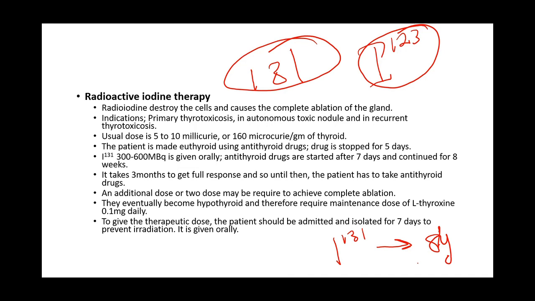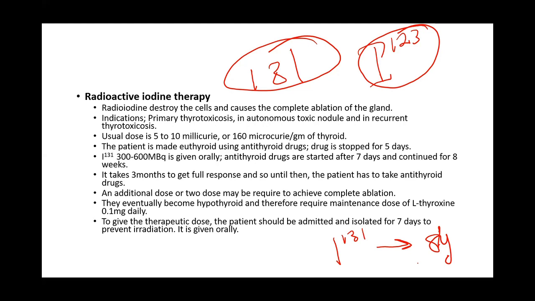Now, you should know that radioactive iodine treatment completely ablates the gland and subsequently the patient becomes euthyroid. However, before commencing radioactive iodine treatment, patients have to be made euthyroid using antithyroid drugs, okay?